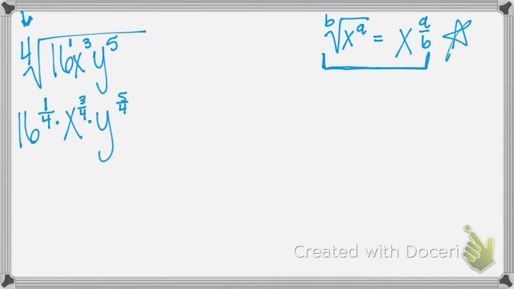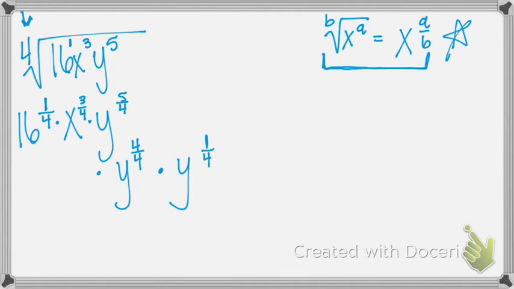Your goal here is to try and get a power that is equal to 1. So let's simplify the y first. I'm going to have 2 y's. To get a 5, I need a 4/4 and a 1/4.